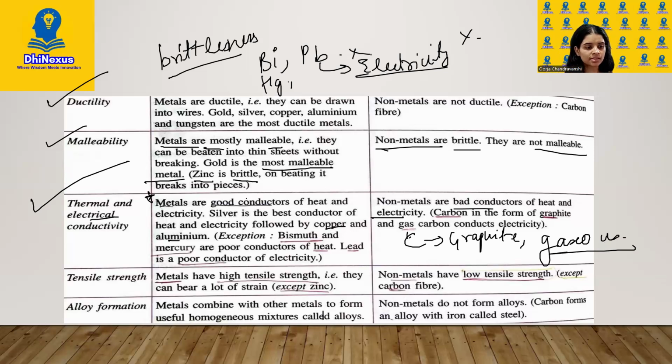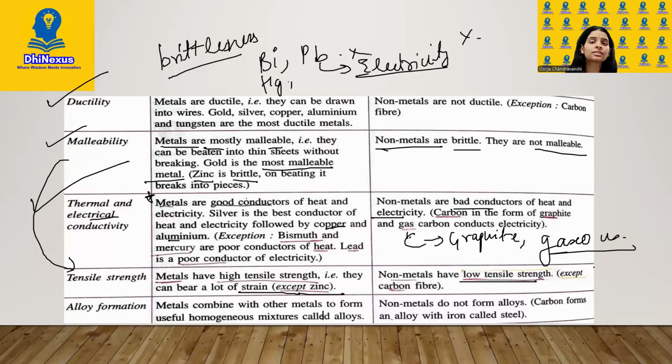So tensile strength, what does that mean? Metals have high tensile strength. That means they can bear a lot of strain. Like if you try to put a lot of load on it, it won't break. As we already saw in the earlier point, in the malleability part, zinc is brittle in nature. Hence, it won't be able to take a lot of strain.